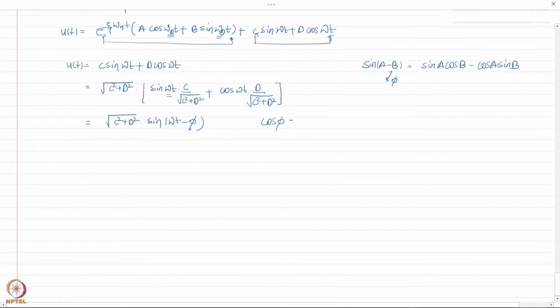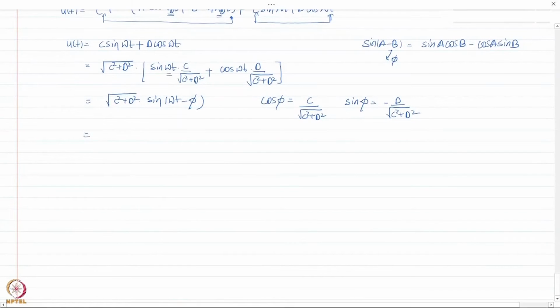My cos phi is C divided by the square root of C square plus D square, and my sin phi is minus D divided by the square root of C square plus D square.